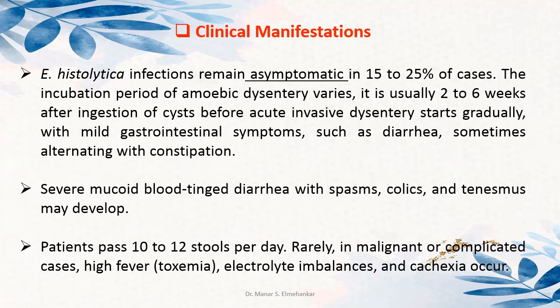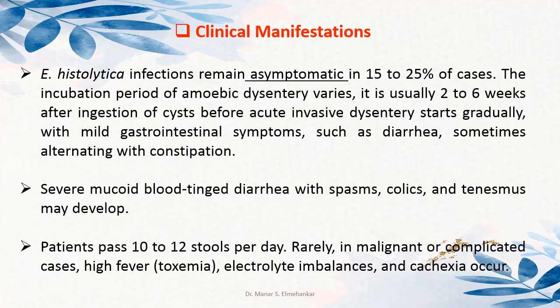About clinical manifestations, Entamoeba histolytica infections remain asymptomatic in 15 to 25% of cases. The incubation period of amoebic dysentery varies. After ingestion of cysts, acute invasive dysentery starts gradually with mild gastrointestinal symptoms such as diarrhea, sometimes alternating with constipation.